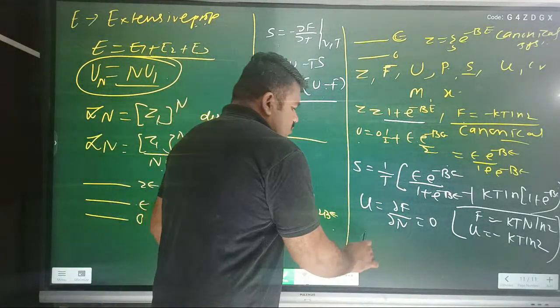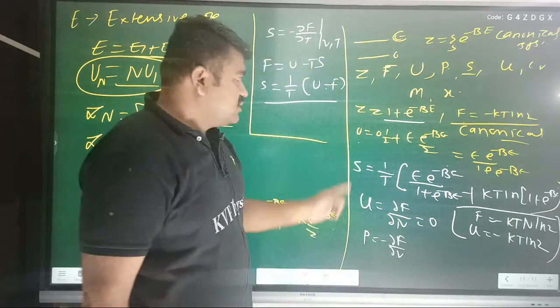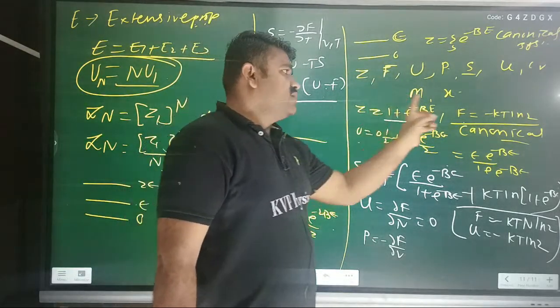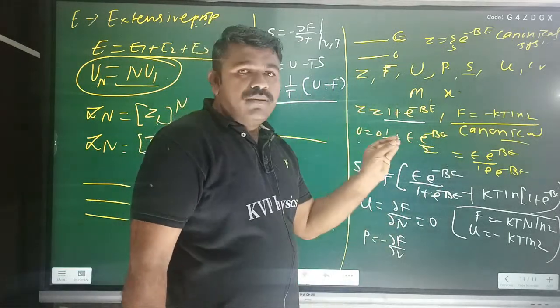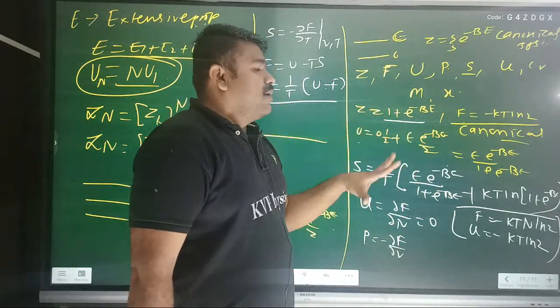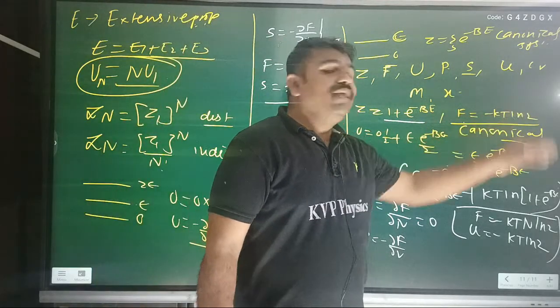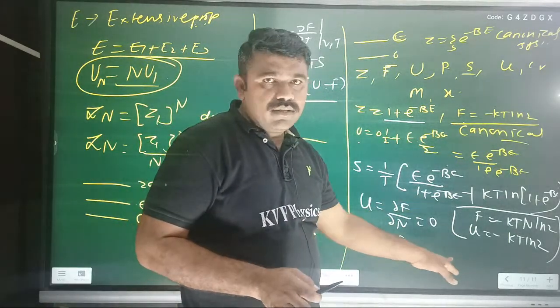Next, what is the value of pressure? Pressure is equal to how much? Pressure is equal to minus ∂F upon ∂V. इस Z में कहीं भी हमारे पास V वैल्यू नहीं है, इस हेल्महोल्ट्ज़ फ्री एनर्जी में कहीं भी V वैल्यू नहीं है. सपोज मान के चलिए दिस इज द हेल्महोल्ट्ज़ फ्री एनर्जी like that, Carnot engines like that. Okay, at that time suppose getting the kT ln V2 upon V1 like that form, at that time getting pressure is not equal to 0.